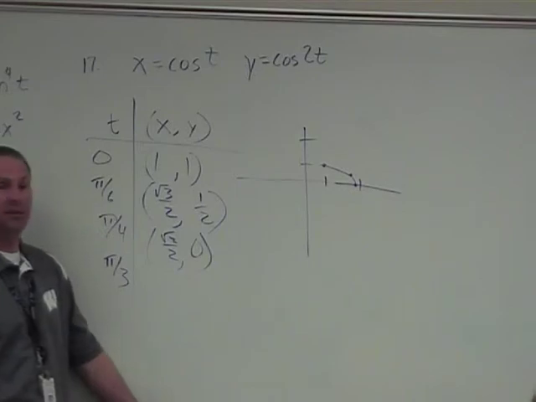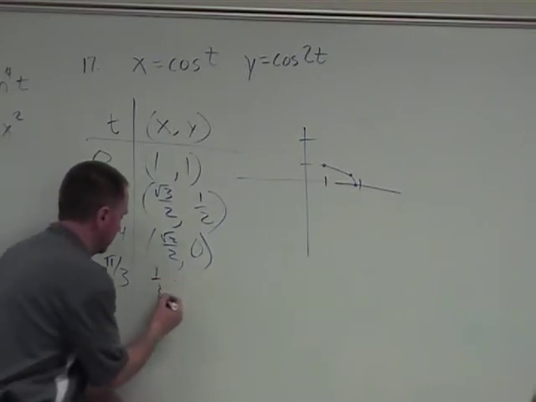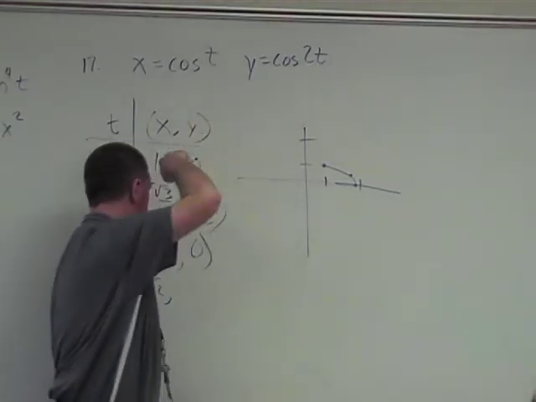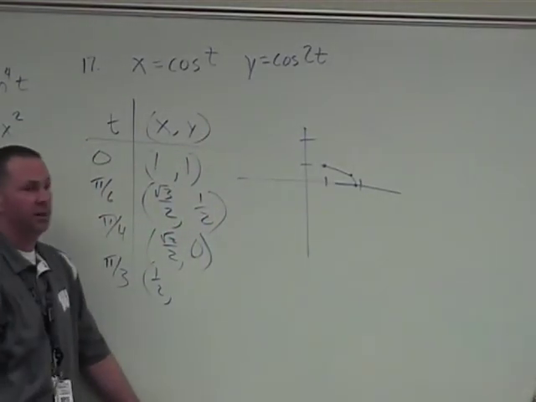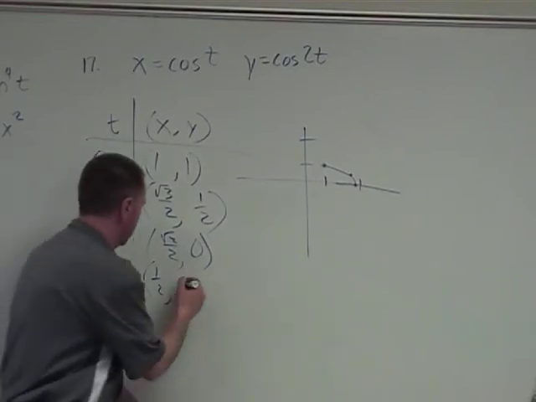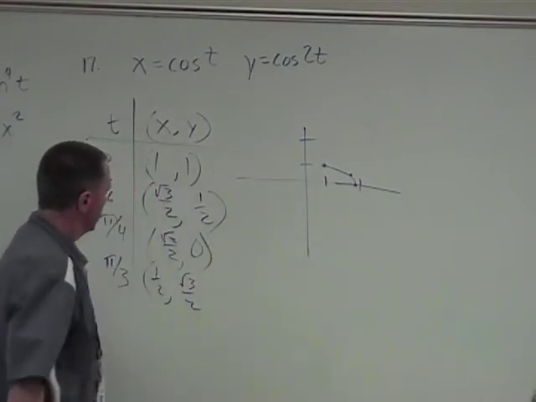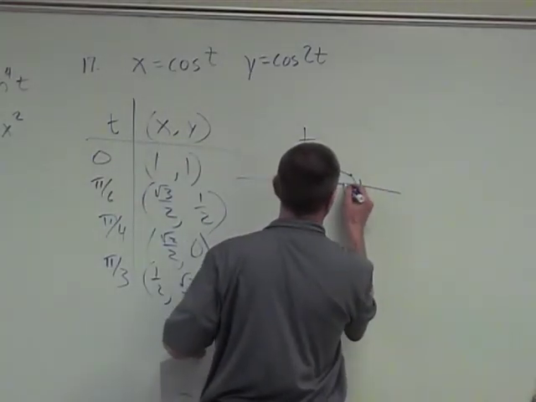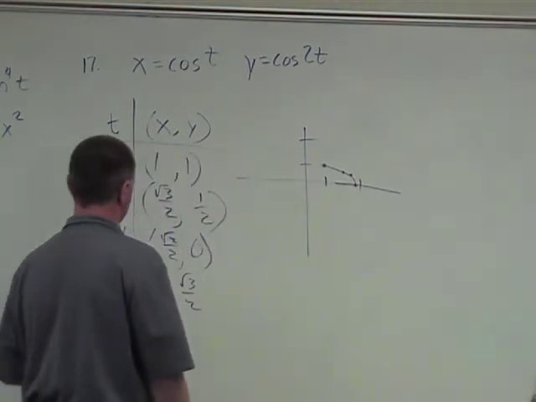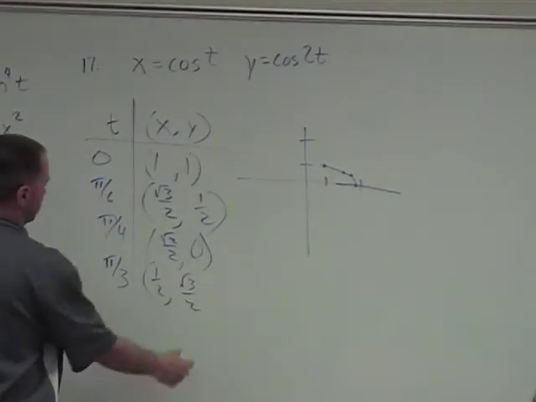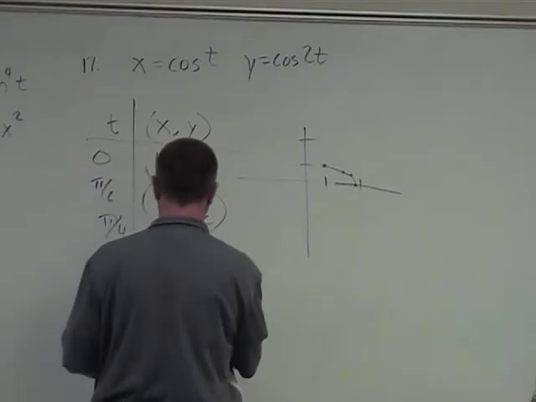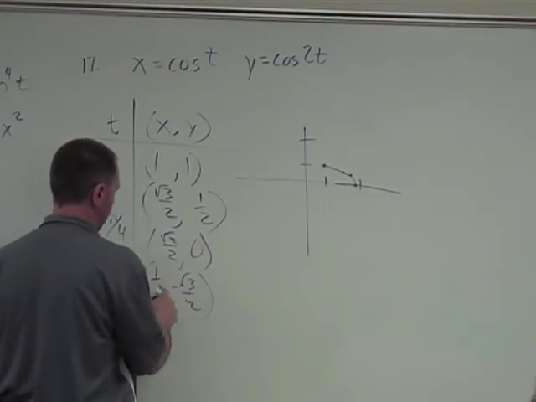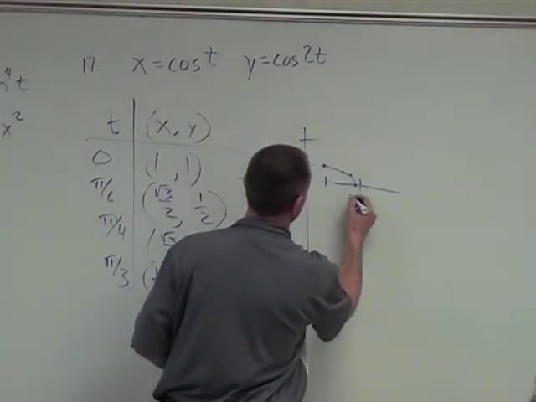What's your x value? 2 times 60 is 120, so what is the x value at 120? 1/2 and 0.7. Something's wrong here. What did we do wrong? Did we go too fast? Yeah, negative. That's negative 1/2, right? It's negative over there. That's down here.